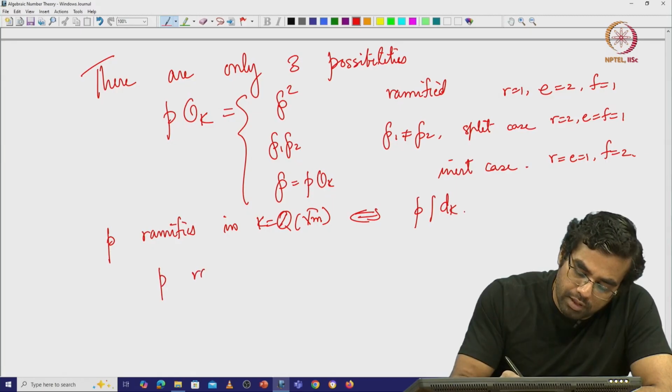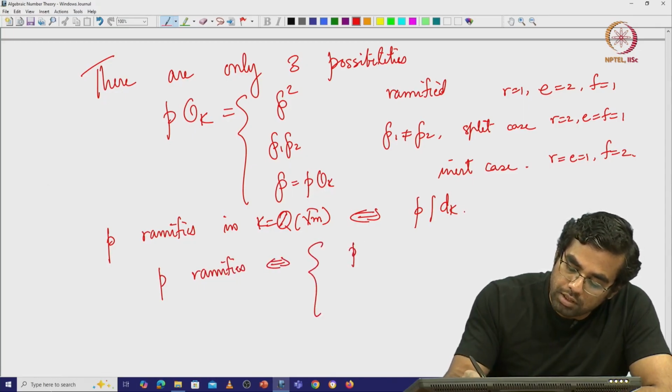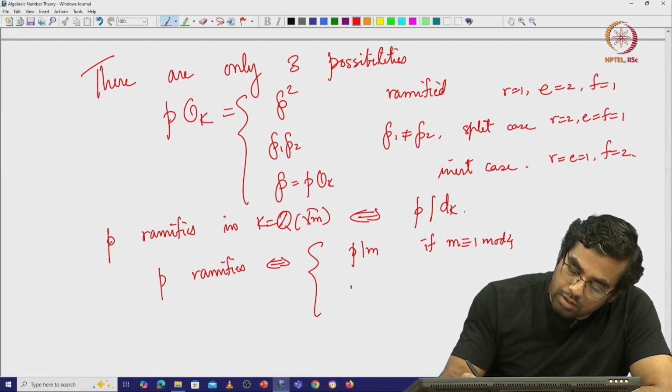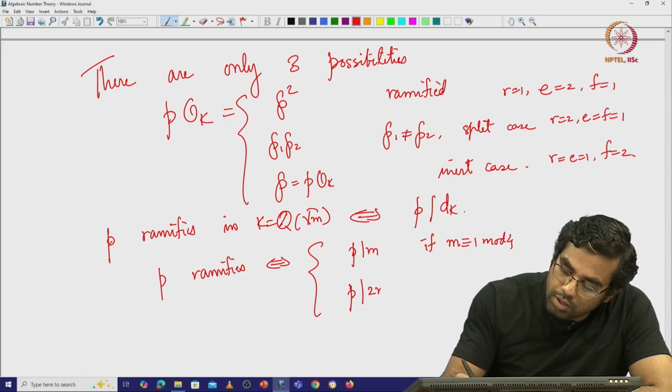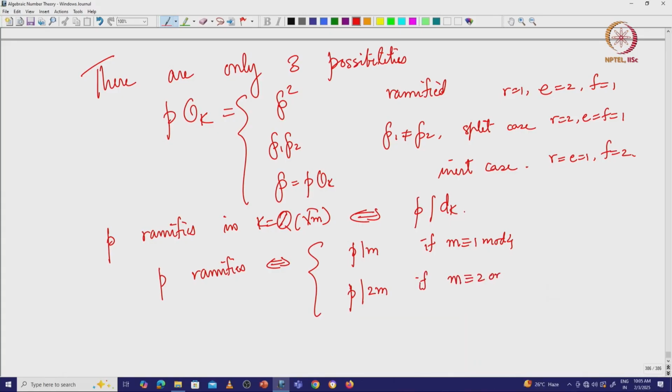So, P ramifies if and only if P divides m if m is congruent to 1 mod 4, and P divides 2m if m is congruent to 2 or 3 mod 4.